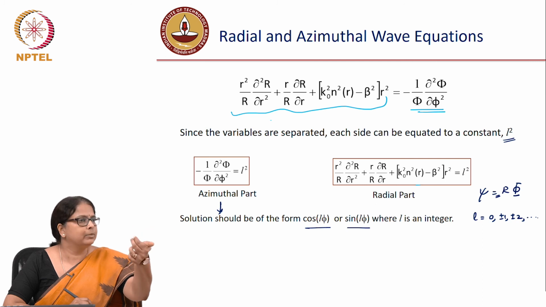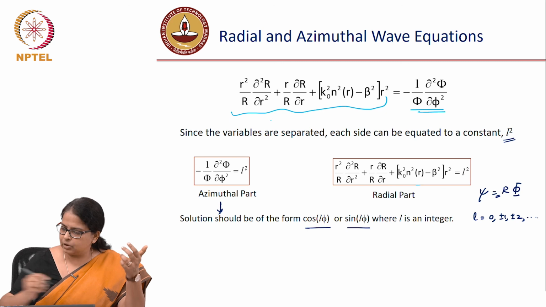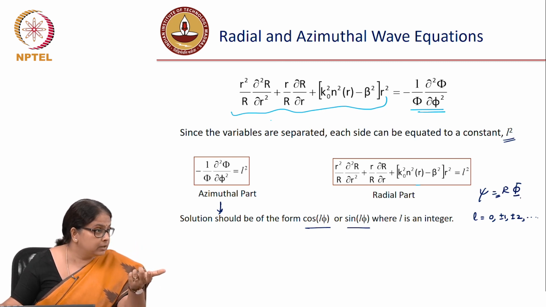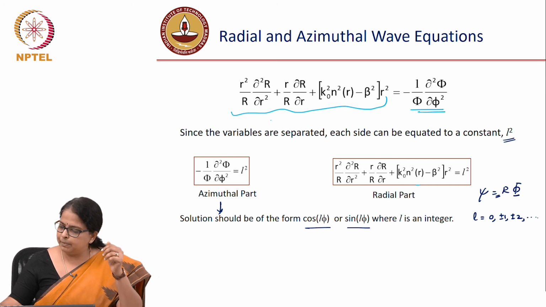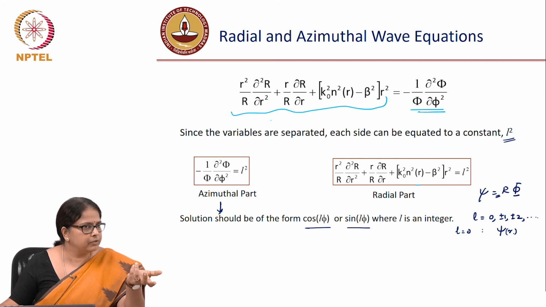I will not have any azimuthal variation. Okay. It is not that phi equal to 0, you can't say phi equal to 0. If phi equal to 0, the wave itself reduces to 0. It simply means that when L equal to 0, your psi is only a function of r, it is not a function of phi. That is what this means.